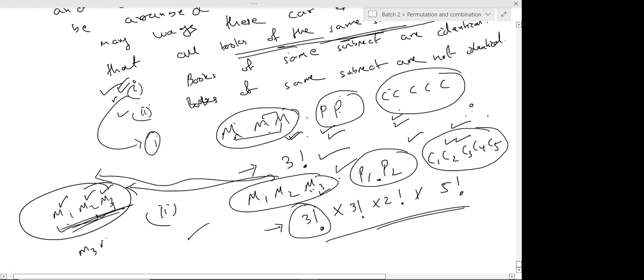Like M3, M1, M2 is different than M1, M2, M3. But in the first case, it was same, M, M, M. It doesn't matter if you change sides. So because the books are different, we have to see their arrangements also. So 3 factorial for 3 mathematics books, 2 factorial for 2 physics books, 5 factorial for 5 chemistry books in those specific bundles.